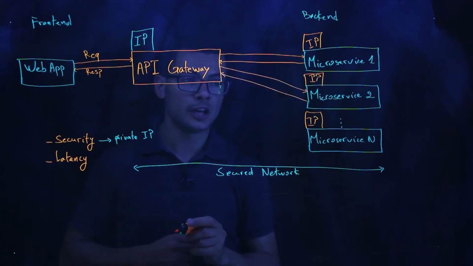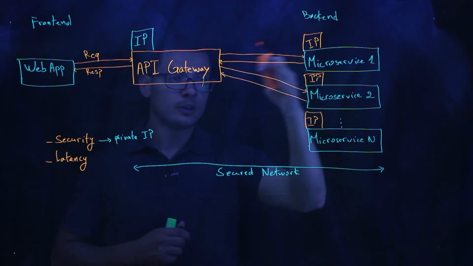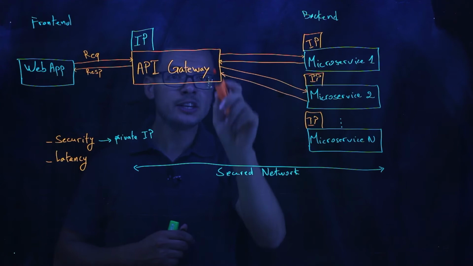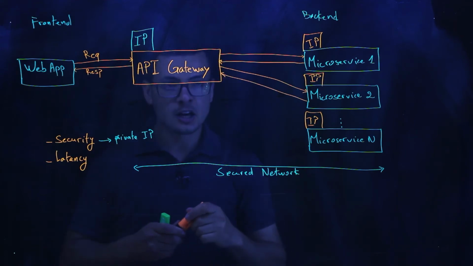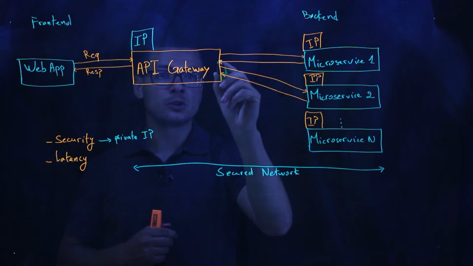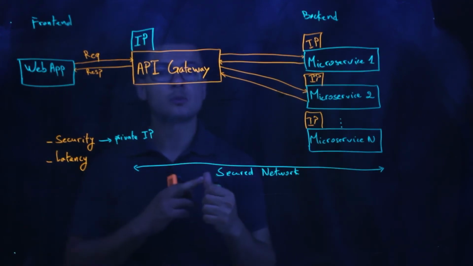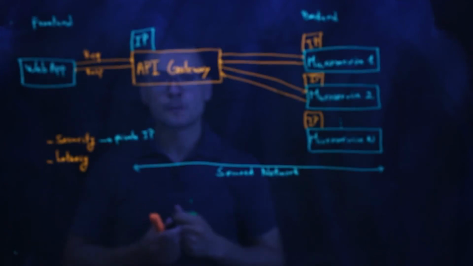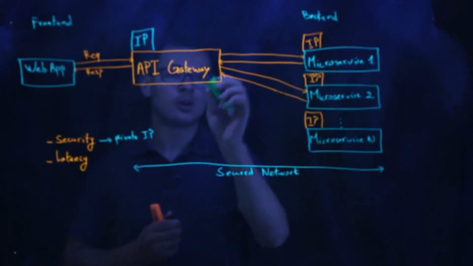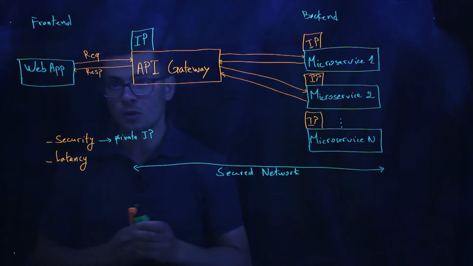for the products. And we can have as many requests as we want here, and the data will be aggregated at this level, at the level of the API gateway. So here we create the view model that contains not only the product details, but also the pricing for the products. And here the response will get back to the web app.